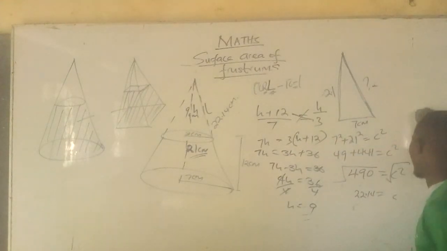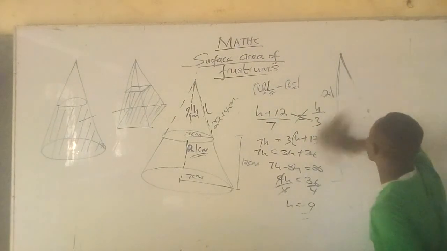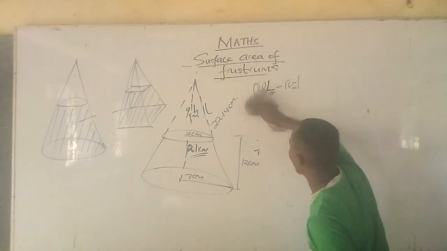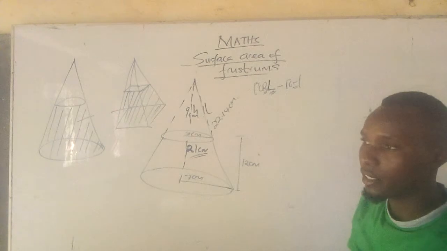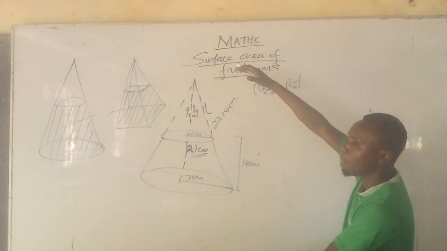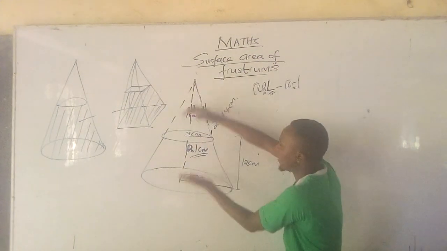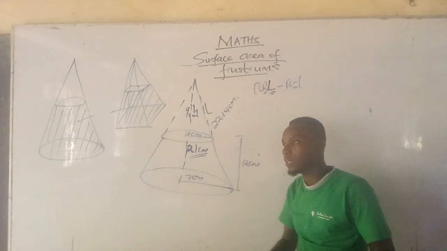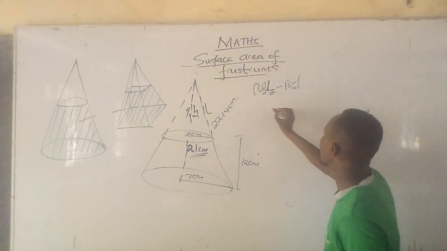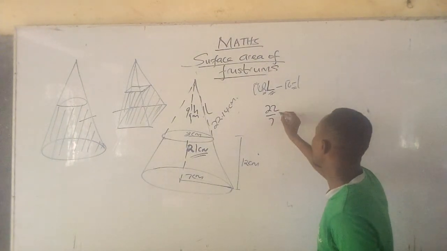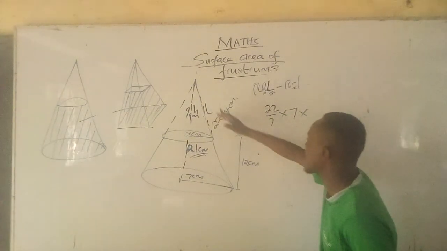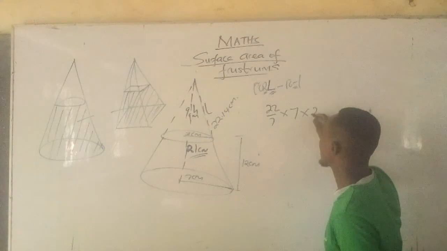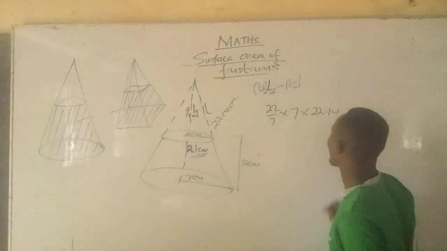Now we can go back to our formula so that we are able to find the curved surface area of the frustum. We are going to find the area of the original cone, then subtract the smaller cone to get the frustum. So take pi as 22 over 7. 22 over 7 times the radius of the original cone, which is 7, times our slanting height, which is 22.14.